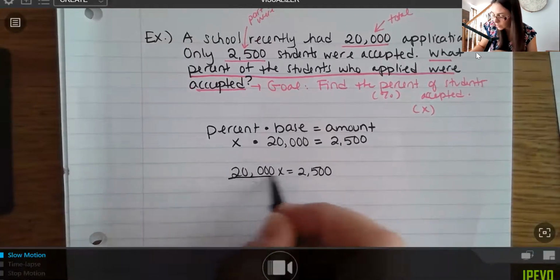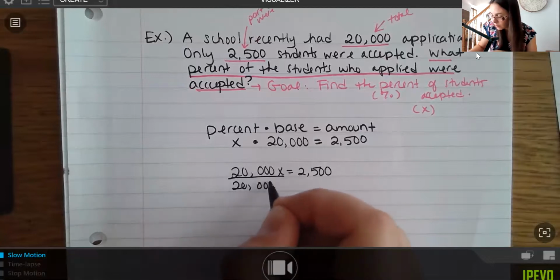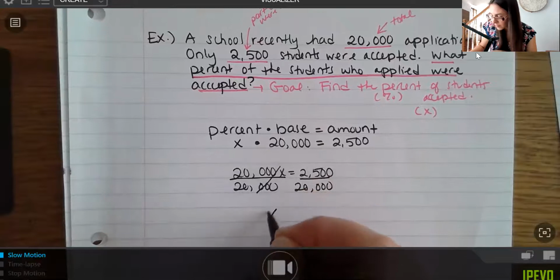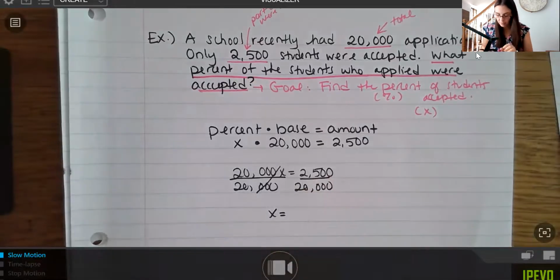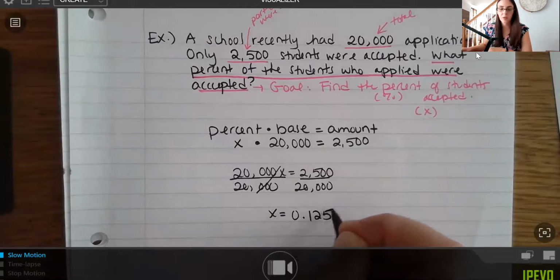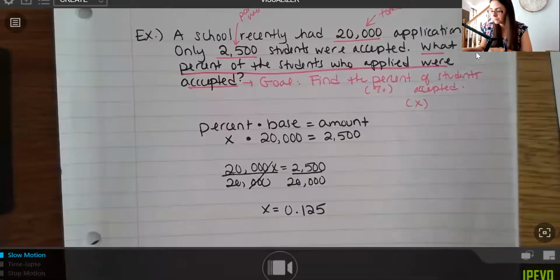And now I'm going to go ahead and solve. I'm using my calculator here. And I have 0.125, so 125 thousandths.